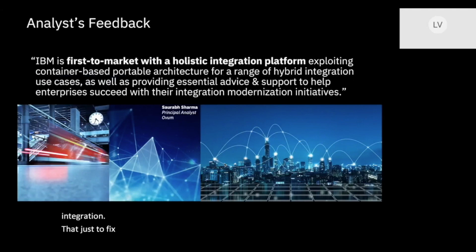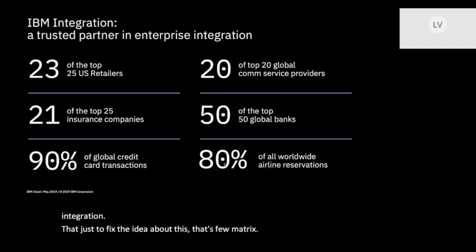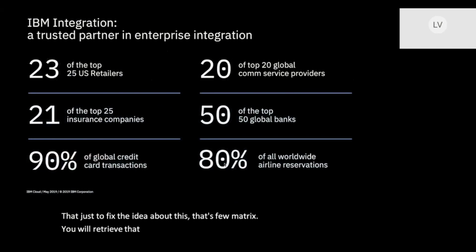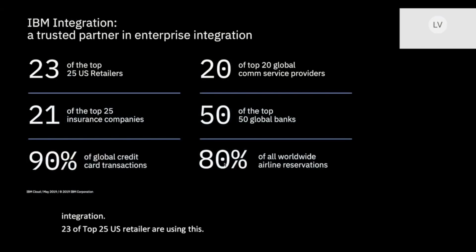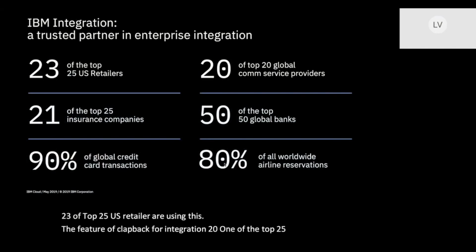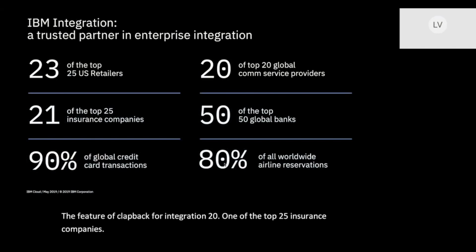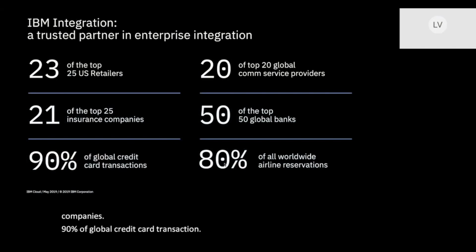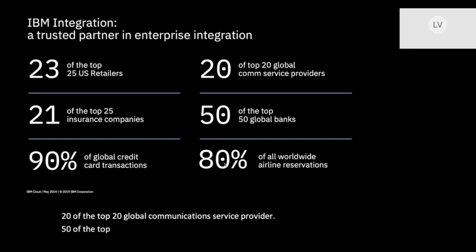Here are a few metrics you will retrieve when we talk about IBM Cloud Pak for Integration: 23 of the top 25 US retailers are using the features of Cloud Pak for Integration. 21 of the top 25 insurance companies. 90% of global credit card transactions. 20 of the top 20 global communication service providers. 50 of the top 50 global banks. This is 100%. And 80% of all worldwide airline reservations.